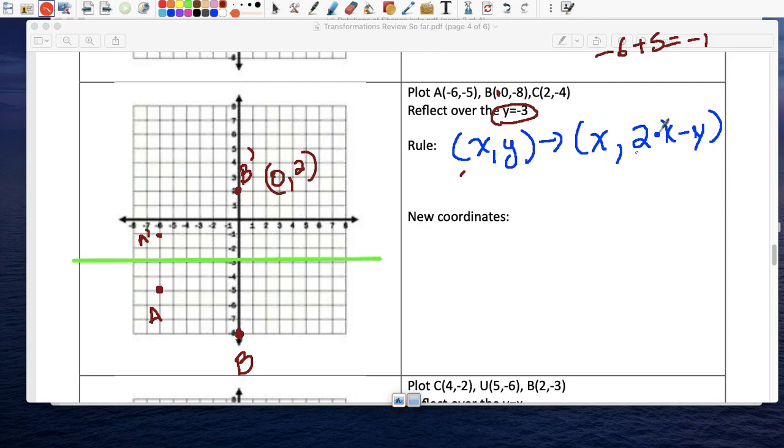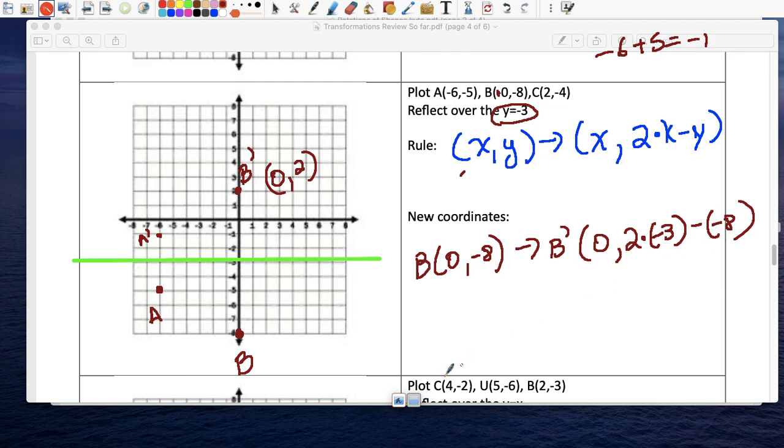Let's see if we can use our formula. So let's start with B, which is 0, comma -8. To find B prime, we keep the first number, right? X doesn't change, but for y, we would do 2 times -3, which is what k is, minus -8. That's how you should have written it.